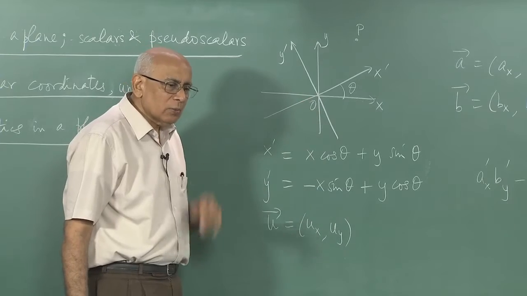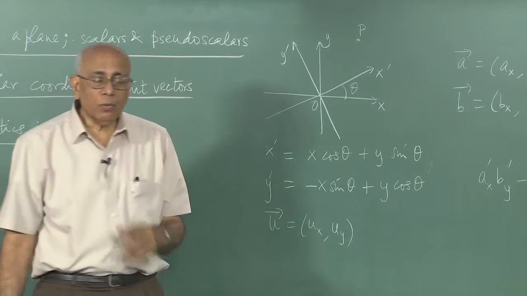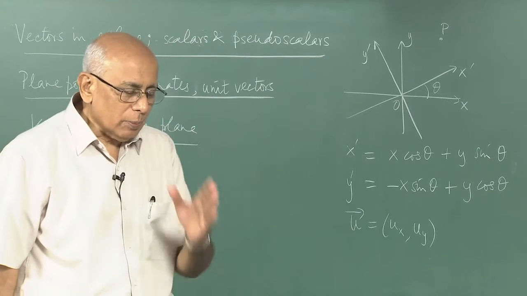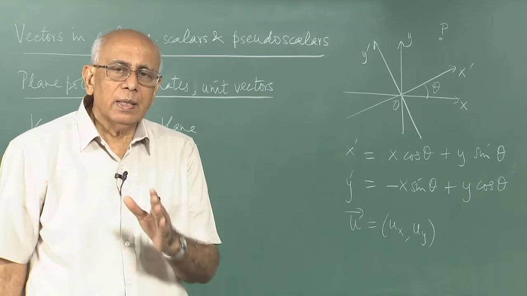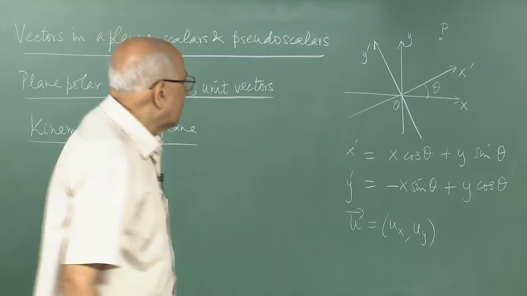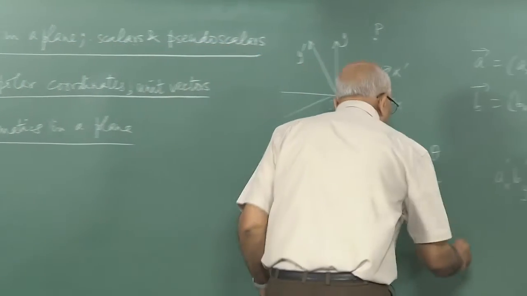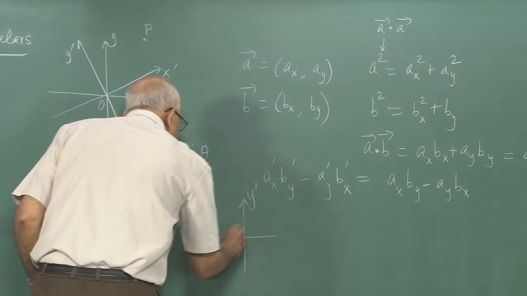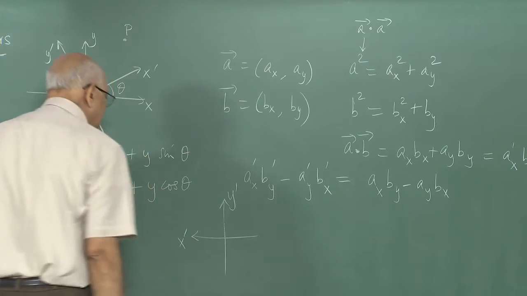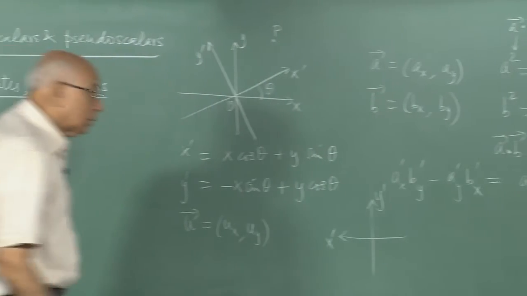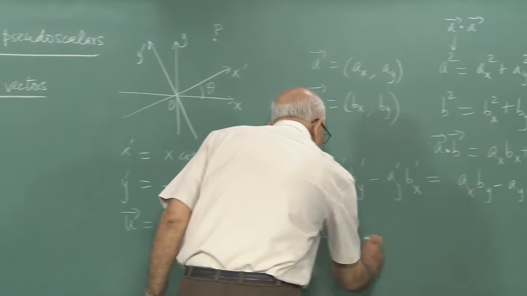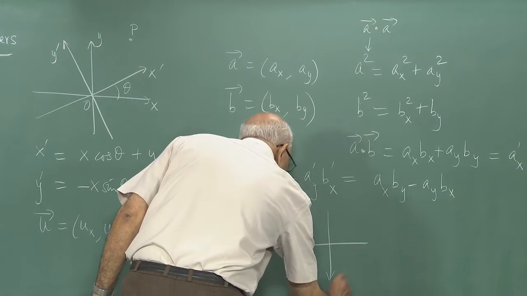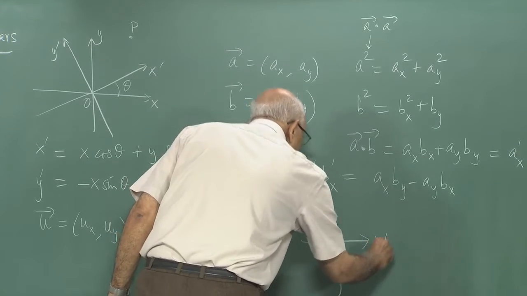But you can also ask what happens if, for instance, I go from a right-handed coordinate system to a left-handed coordinate system. For instance, suppose I reflected about the y-axis and the new coordinates looked like this. You had y prime and x prime here in this direction, or for that matter you reflected about the x axis and you had y prime and x prime over here.